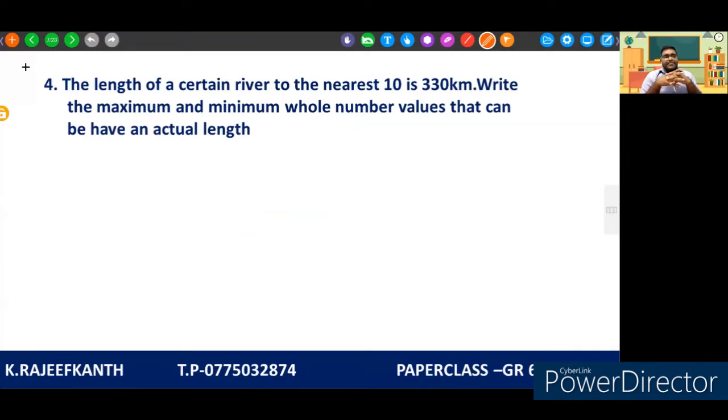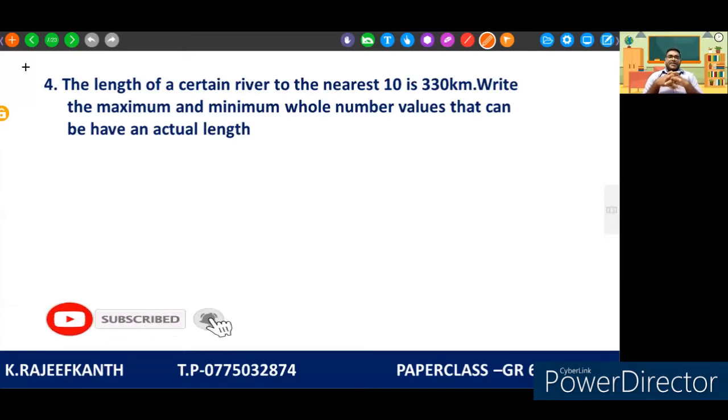Now question number 4. The length of a certain river to the nearest 10 is 330 kilometers.